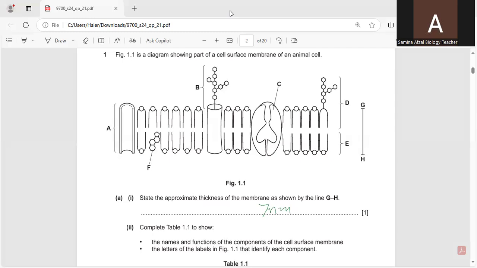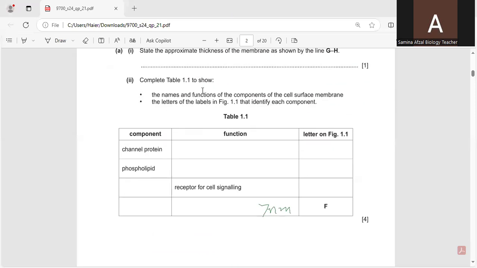Complete Table 1.1 to show the names and functions of the components of the cell surface membrane, and the letters of the labels in Figure 1.1 that identify each component.